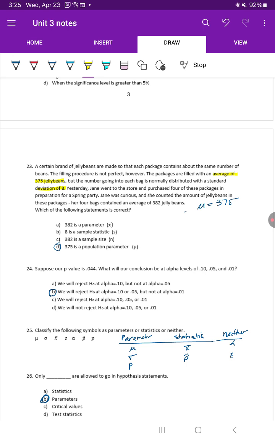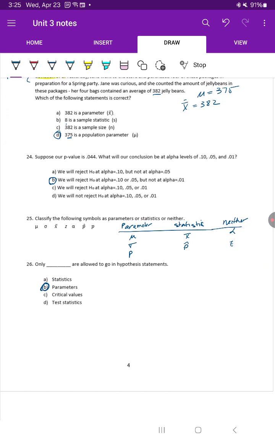Her 4 bags contained an average of 382, so my x bar equals 382. Which statement is correct? 382 is not a parameter. It's my x bar, which means it's a statistic. It's coming from my sample. So 375 is my population parameter.